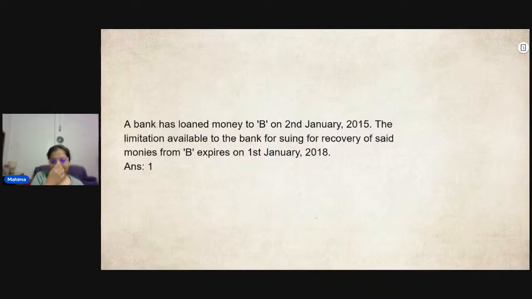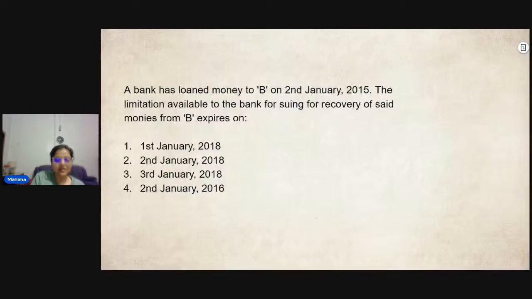Okay, the limitation available to the bank for suing the recovery of the said monies from B expires on 1st January 2018. I think this is 1st January only because I read the question and marked it as doubted, but I kept it in the quiz because I needed to discuss it also. See, 1st January is a public holiday, right?